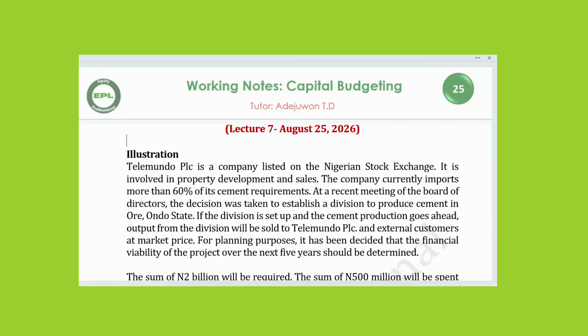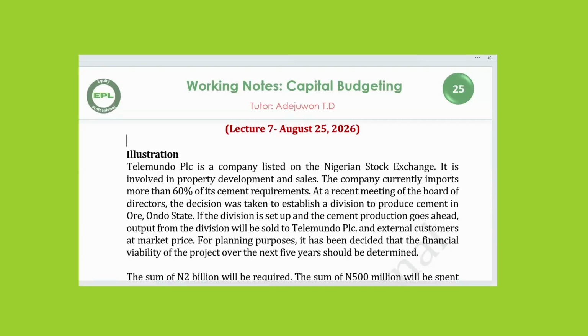At times, the examiner can say that you should determine financial viability, or advise whether the project should be undertaken. Whatever the requirement, once you discover that the question relates to capital budgeting, and you are not told the technique to use to evaluate the project, then it has to be net present value.